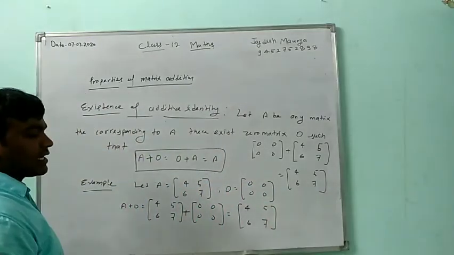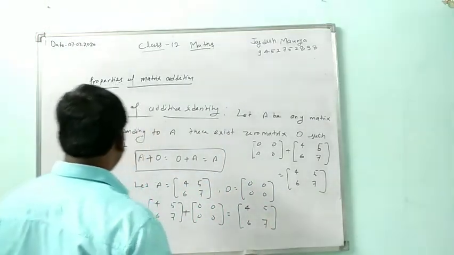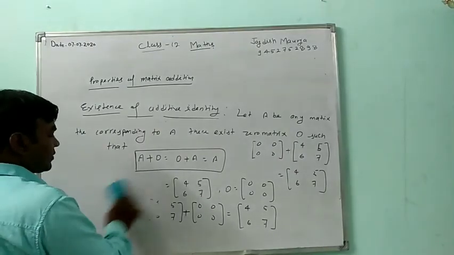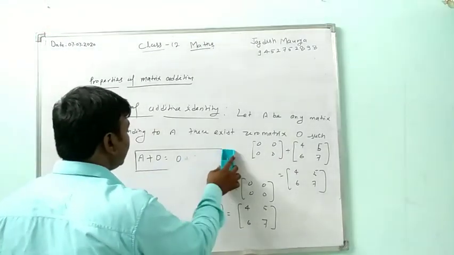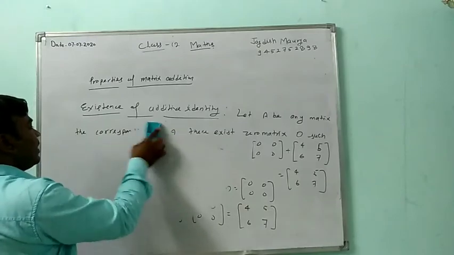The zero matrix is called additive identity matrix.